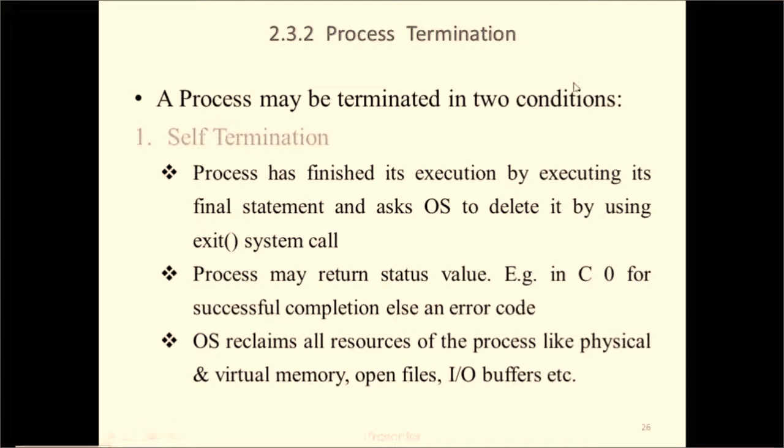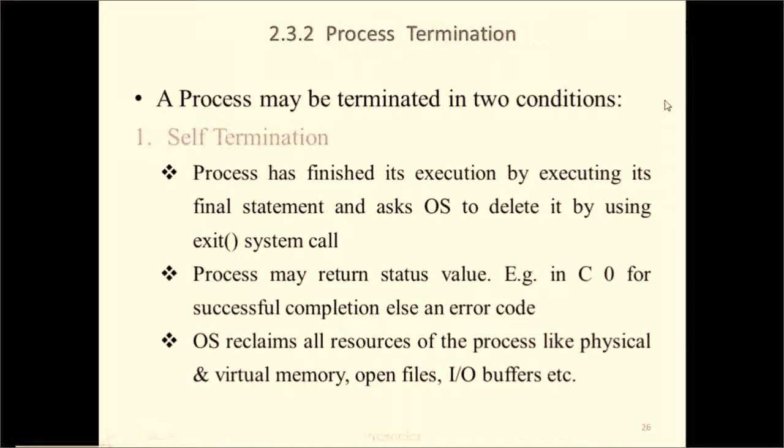The flip side of process creation, process termination. A process may be terminated under two different conditions. One, self-termination. The process has finished its execution by executing its final statement and asks the operating system to delete it by using the exit system call.